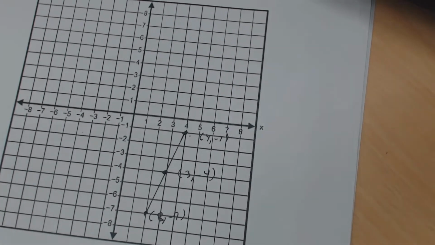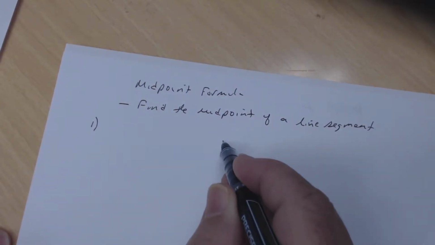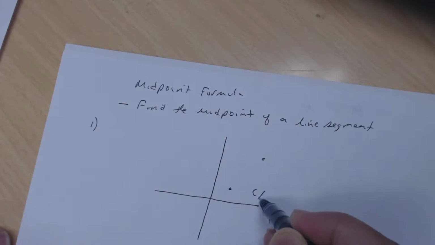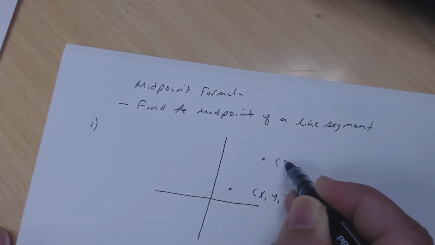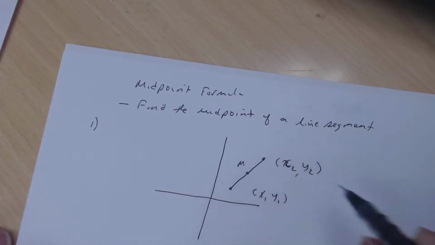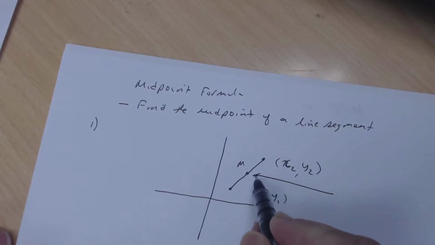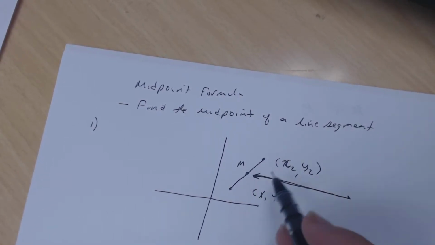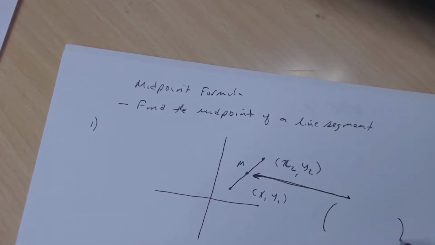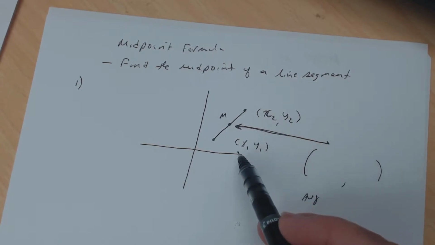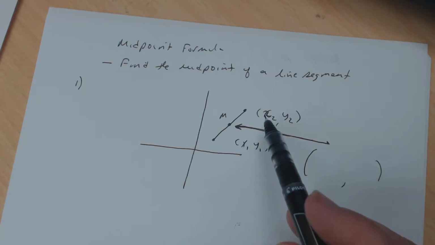The midpoint formula basically said that if you're looking at 2 points in a coordinate plane, let's say x1, y1, and x2, y2, and you want to find the midpoint of this line segment, we'll call it M, then this point that's in the middle of this segment is the average, and notice I'm using the word average, of the x-coordinates and the y-coordinates.